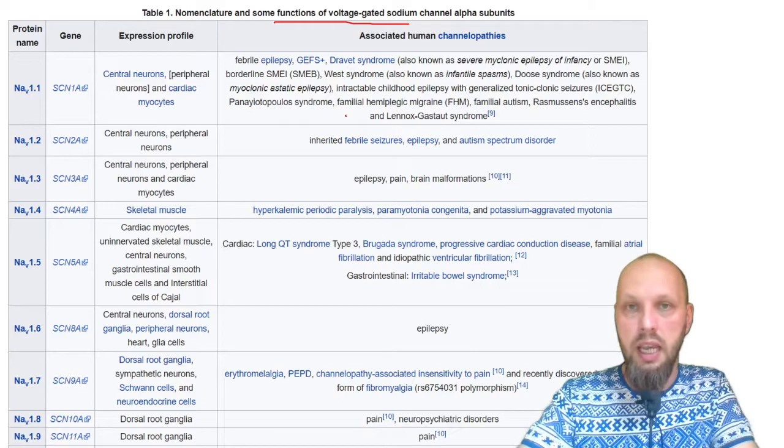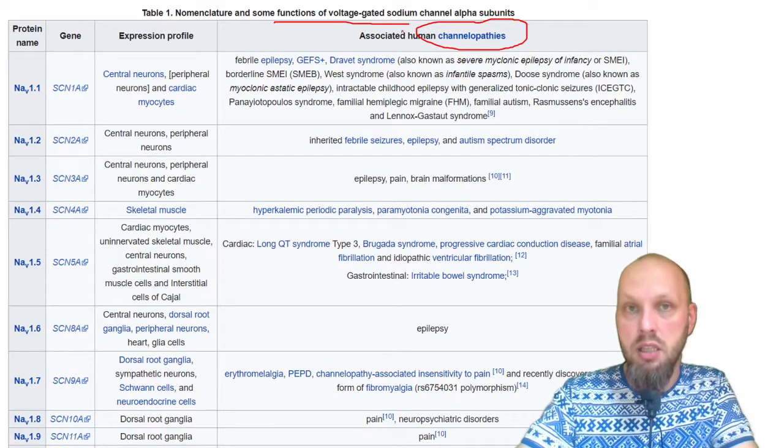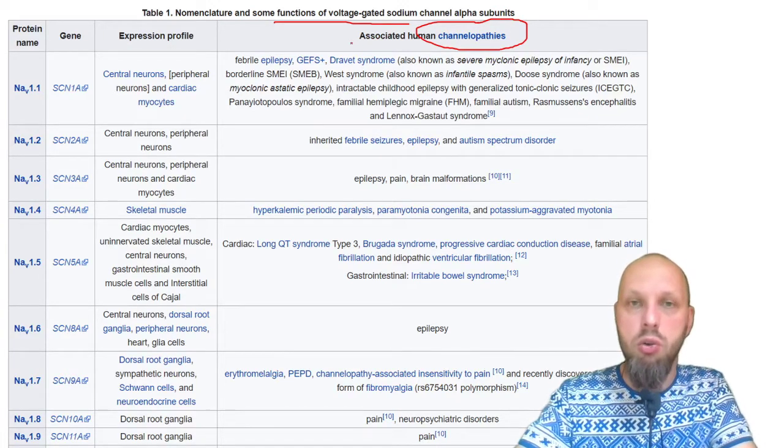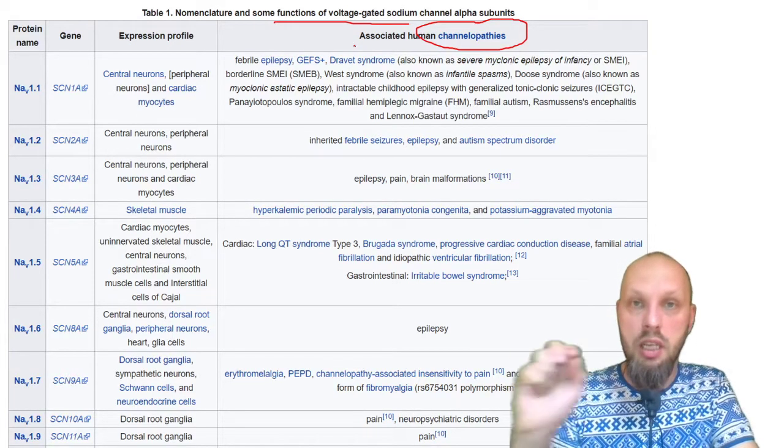And now finally, let's look at functions of voltage gated channels. How can we figure out the function? One of the ways is to look at channelopathies. So to look at disorders and problems that people have when this gene mutates just a little bit.